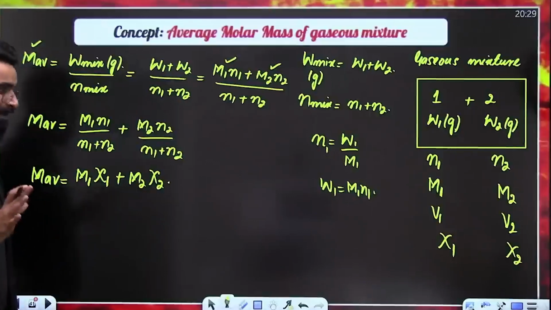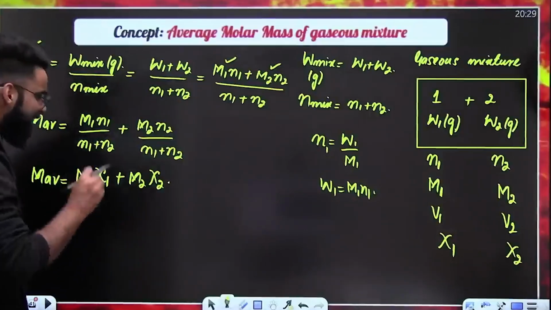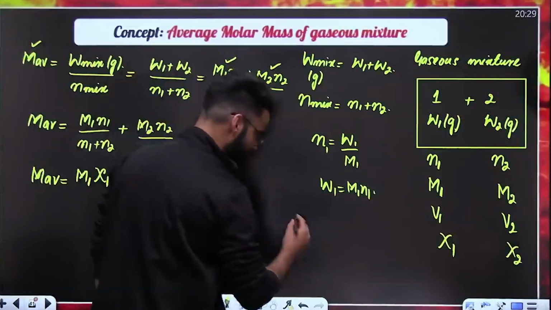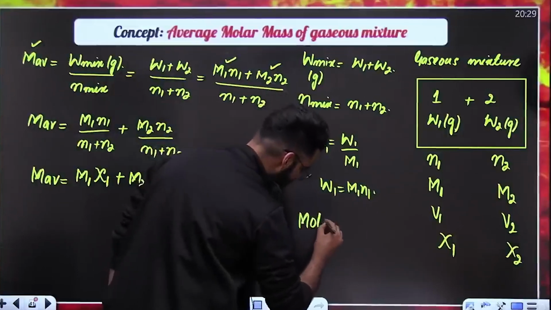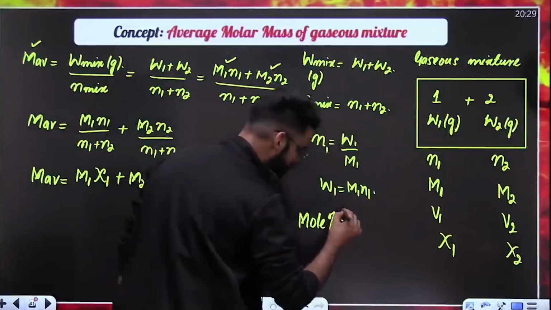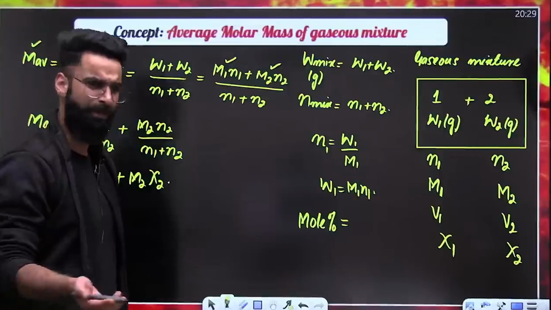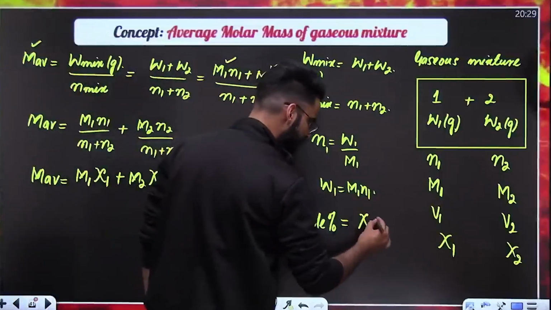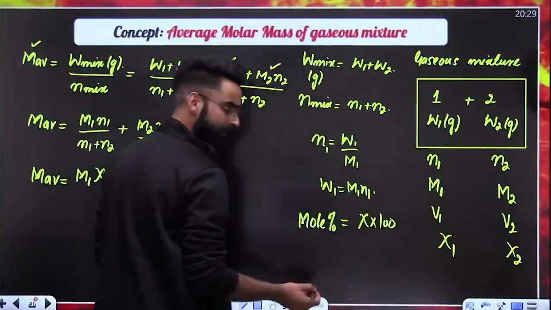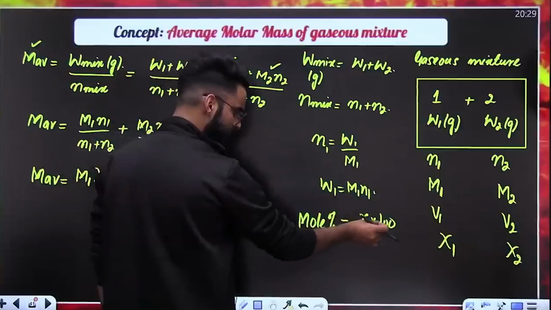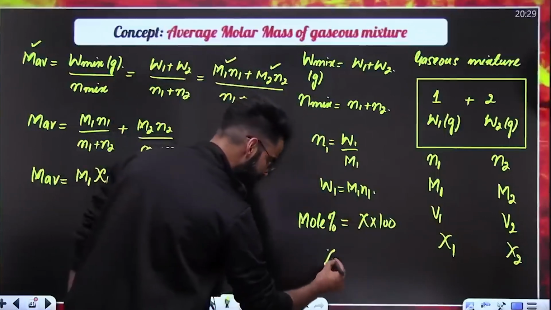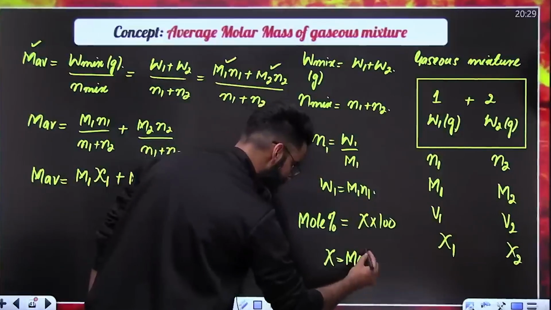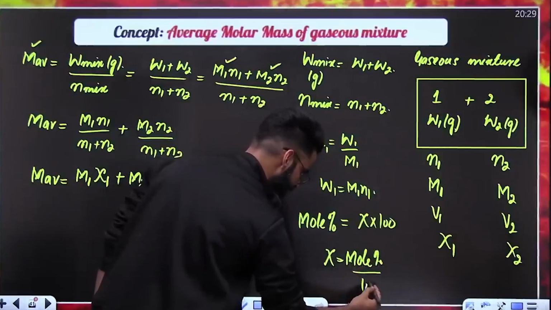Right, guys? Basic, simple. Now, similarly, you can write one more thing. Whenever I use the term mole percentage, what is mole percentage? Mole percentage is nothing but mole fraction multiplied by 100. That means mole fraction is nothing but mole percentage divided by 100.